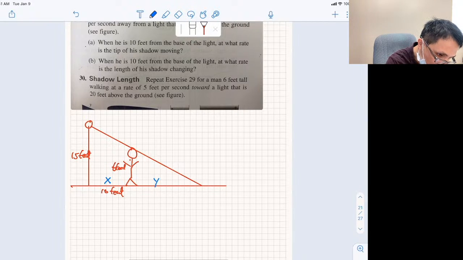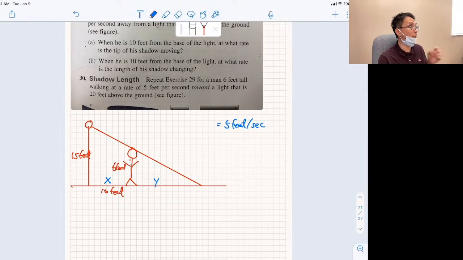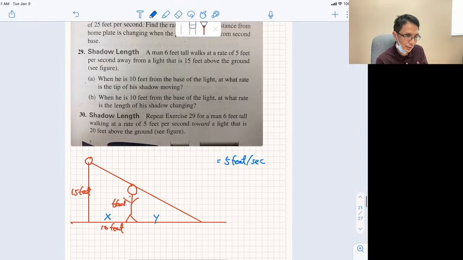So it's 5 feet per second. Is that dx dt or dy dt? According to the story, they're walking away from the light. It's a positive dx, so that's the movement of x.